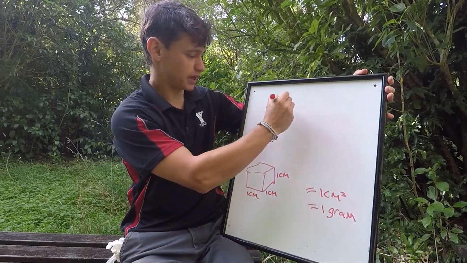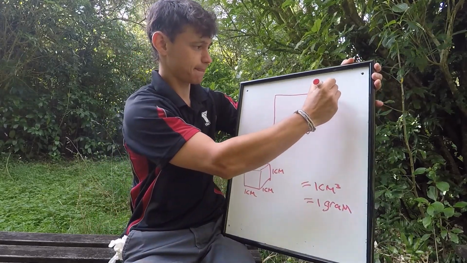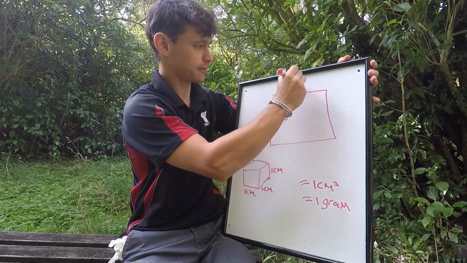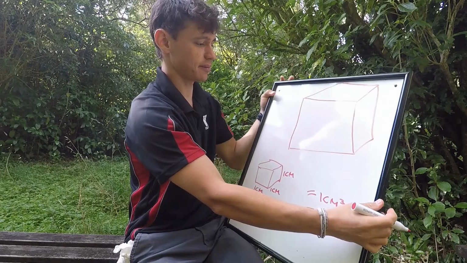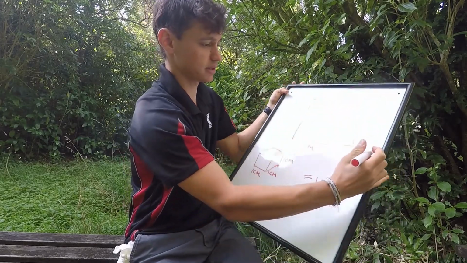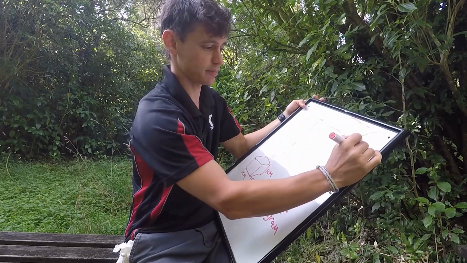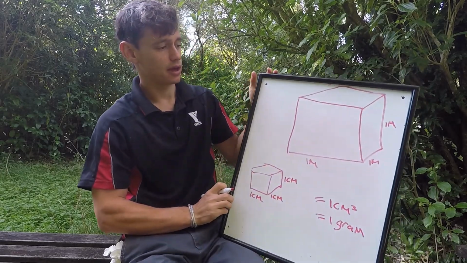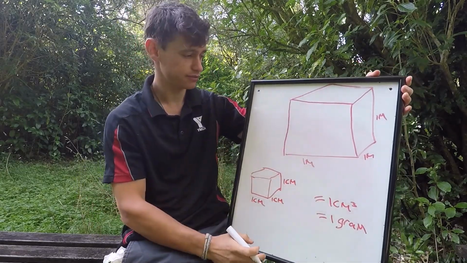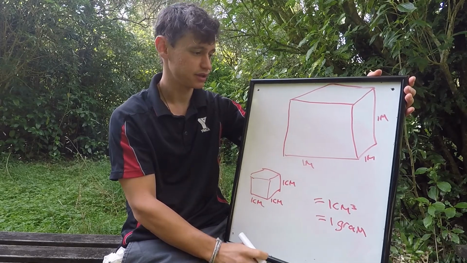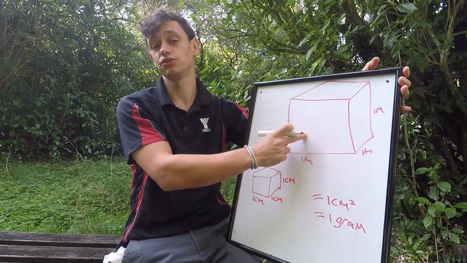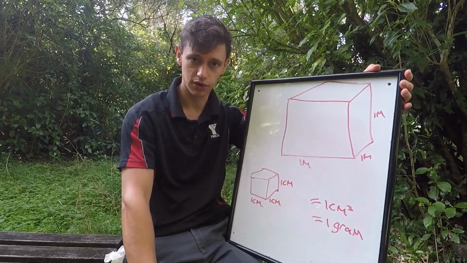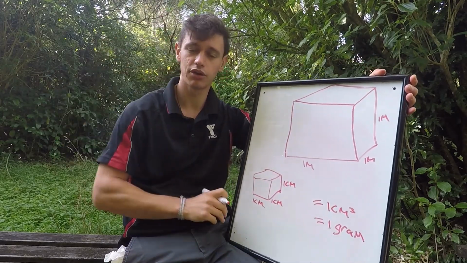I'm going to draw a bigger box up here. This is a box that is 1 meter by 1 meter by 1 meter, so it's a much bigger box. For anyone who is a visual learner, a meter is usually about the distance between the floor in your house and the door handle on any door.